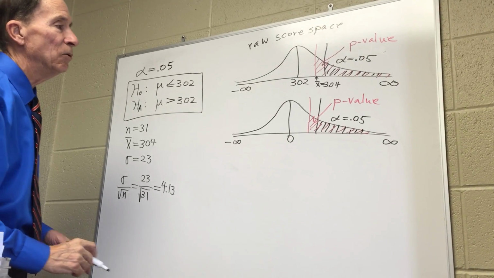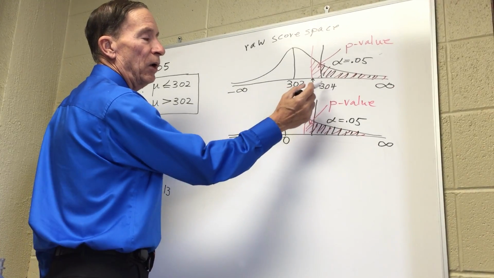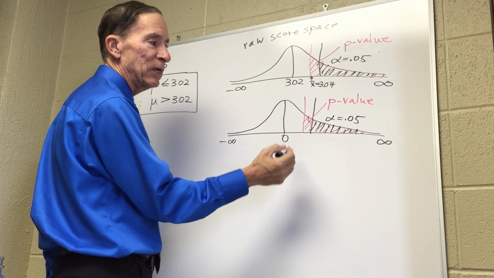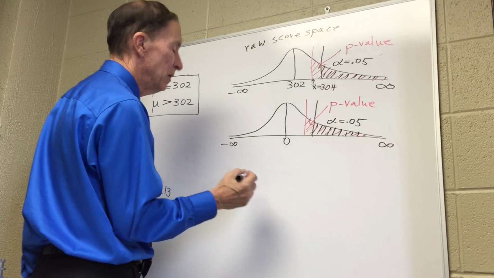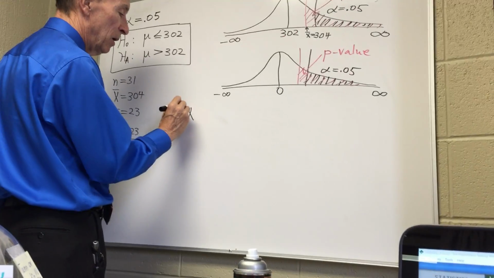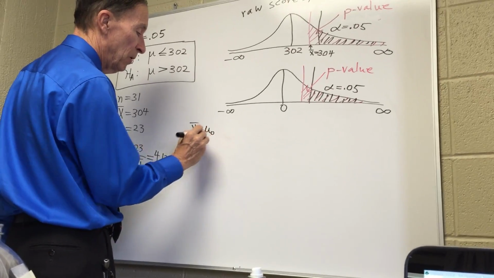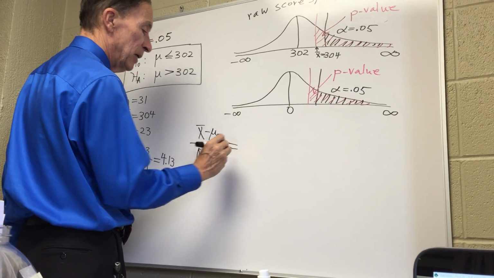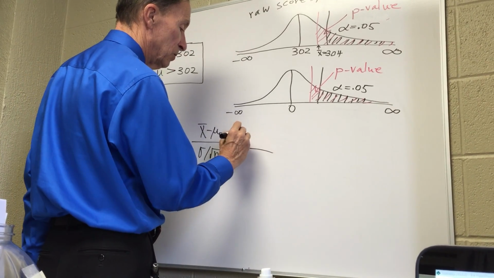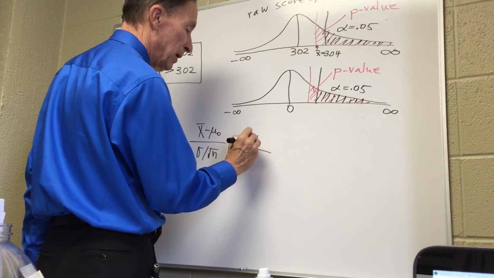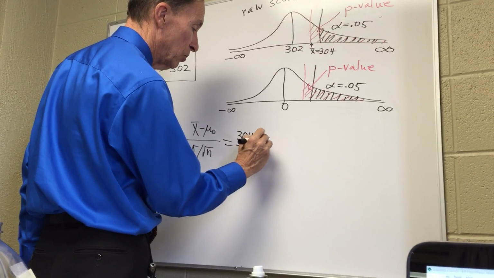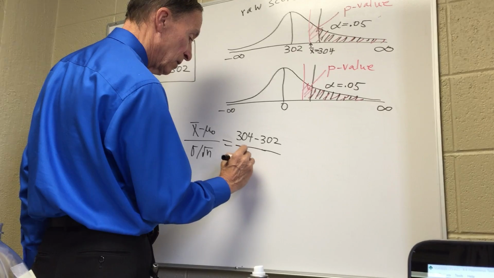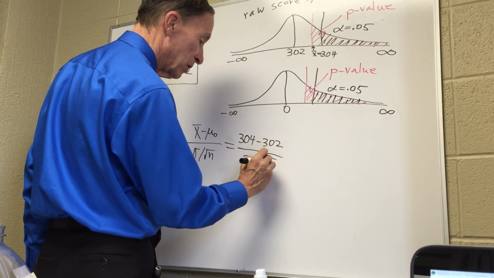To do that, we need to take this 304 in raw-score space and standardize it to get it into standardized space, so we can then look for the probability. We take x bar minus mu 0, over sigma over the square root of n. So x bar is 304, and we subtract 302, and then we have our 23 over the square root of 31.